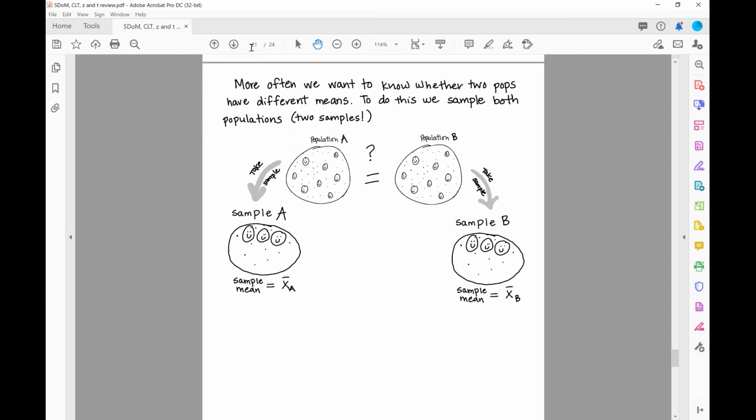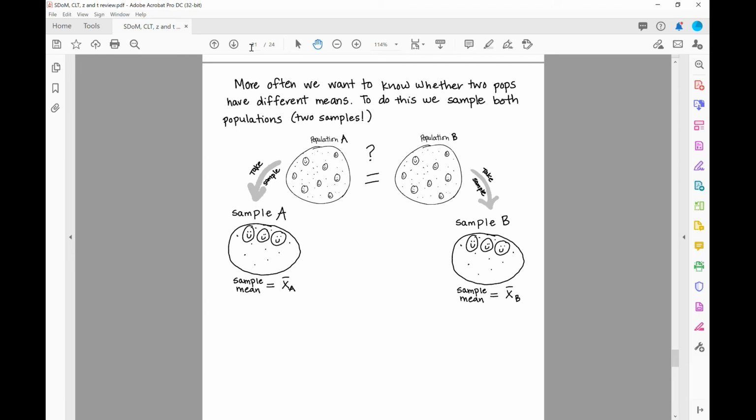So more often, we want to know whether two populations, men and women, parents and children, people who took a review statistics course versus people who didn't, two different groups, do they have the same mean or different means? Are they the same as each other or different from each other? That's often what we want to know, right?